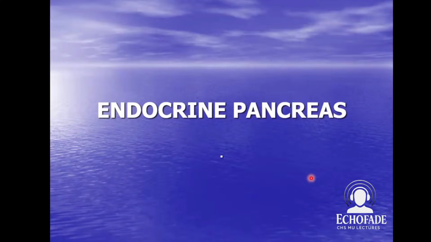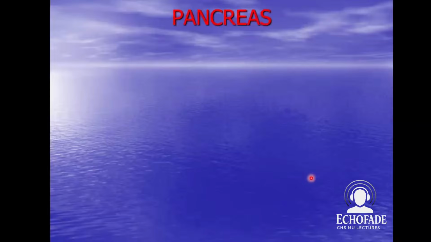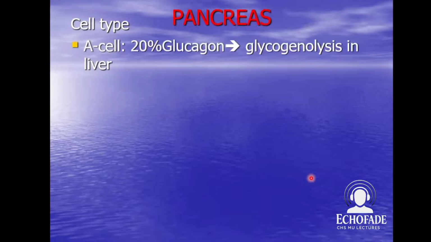They are pale staining compared to the other cells of the exocrine pancreas. And we have several cell types. In histology, with normal hematoxylin and eosin staining, we are not able to distinguish these cell types. You have to do some immunostaining to be able to distinguish them.